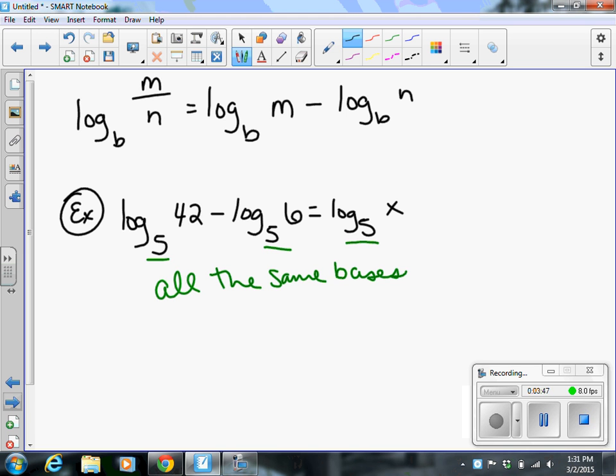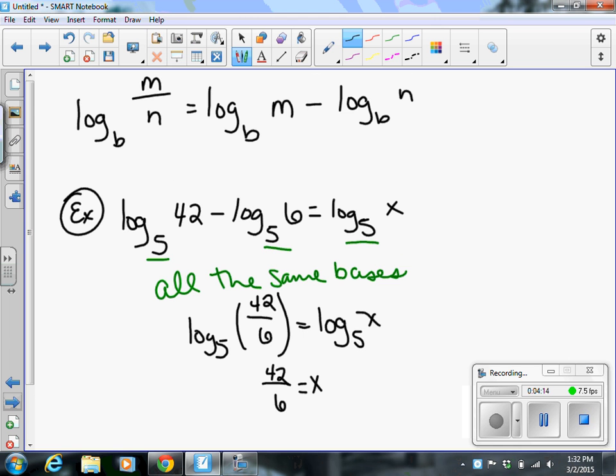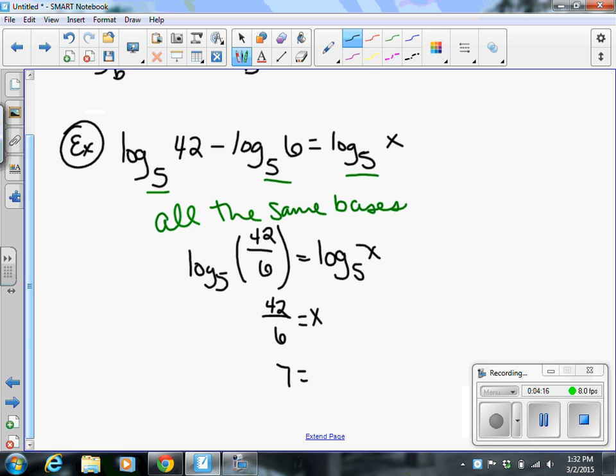Just in case you missed that, the bases have to be the same in order to do this, which they will be, but I'm just giving you a heads up for eventually down the road. Not all the time will it be. So anyway, with that being said, I have the log of base 5 of 42 divided by 6 equals the log of base 5 of x. So 42 over 6 equals x. Therefore, x has to equal 7.